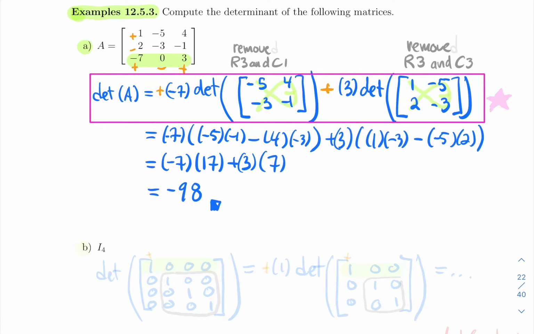If you can show me that you know how to expand along a row or a column, then I'll be very, very happy about it, and you're going to get most of the mark. Then the rest is really just be careful, don't make any sign mistakes. It's easy to make a mistake there, but that line here of the computation really shows if you understand the ideas behind computing a determinant.